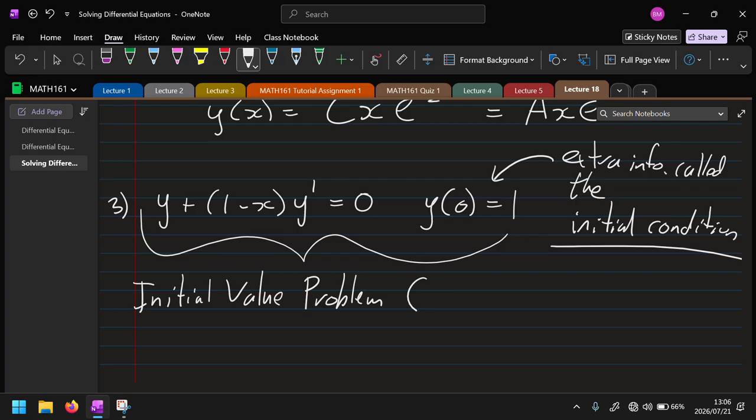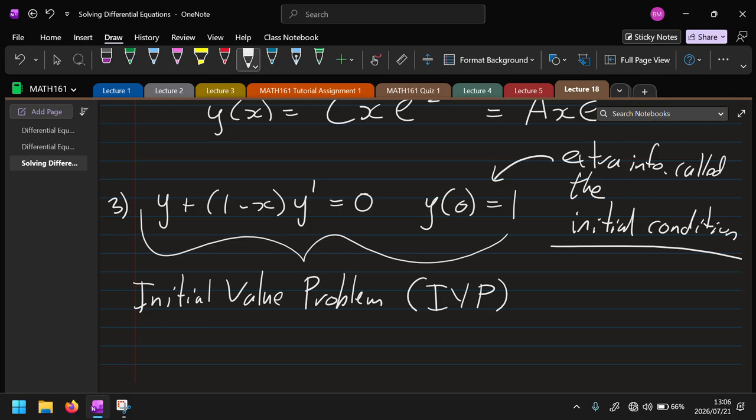This is called an IVP. Yeah, so mathematicians love naming things. Here's another name we need to learn. Okay, so again, differential equation plus initial condition, that is an initial value problem, or an IVP.